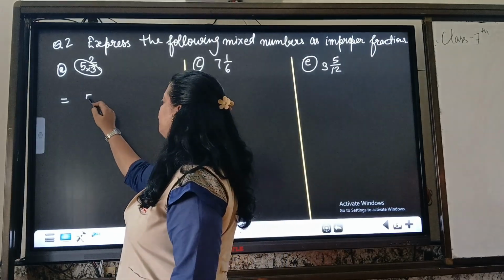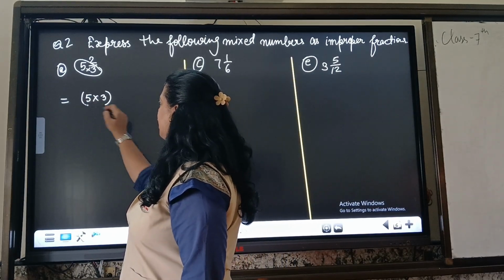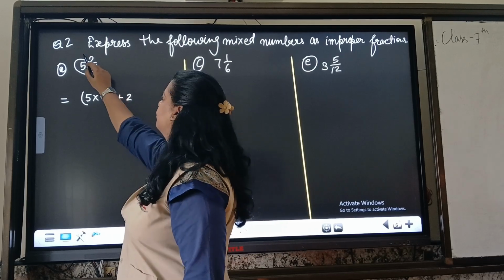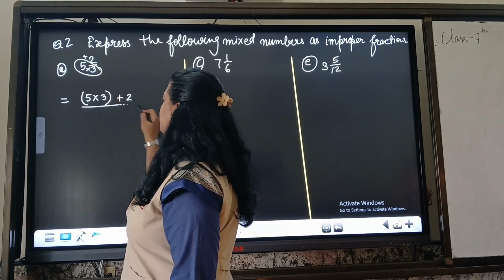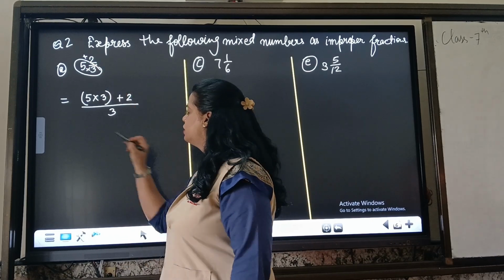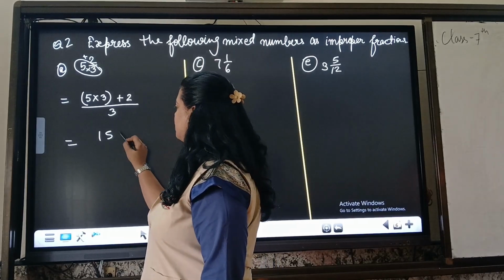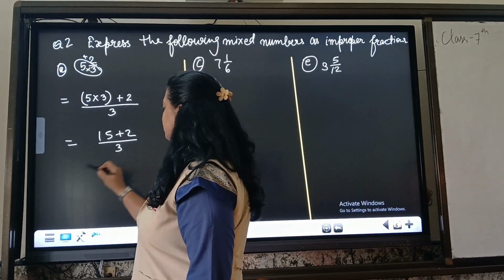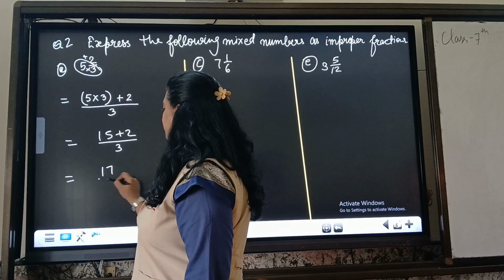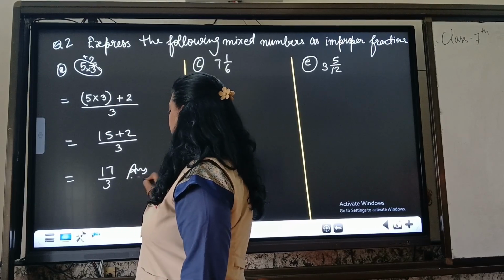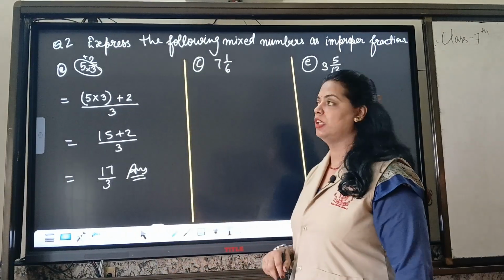So it will look like 5 into 3 plus 2, and denominator will remain the same. Denominator was 3. So it will give you 15 plus 2 upon 3. 17 by 3 is the improper fraction of this mixed value.